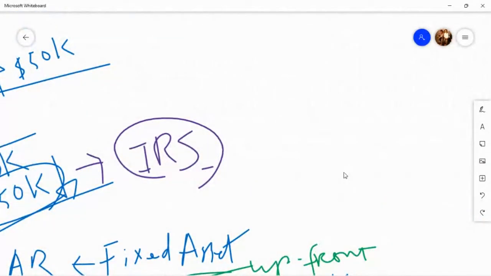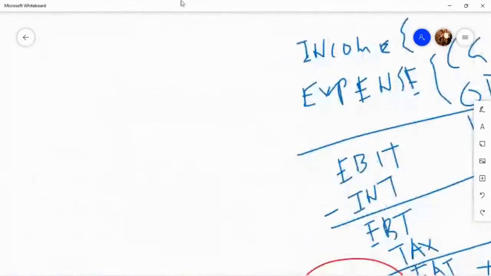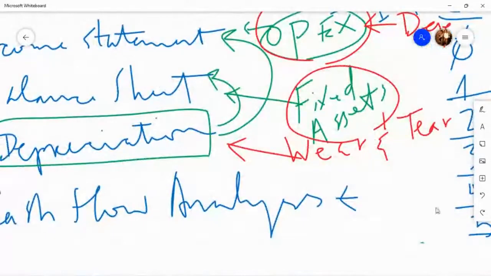If there are 1 million companies in the US, all these 1 million companies will buy either a car or some fixed asset, machinery, production equipment, whatever is classified as fixed assets, right?